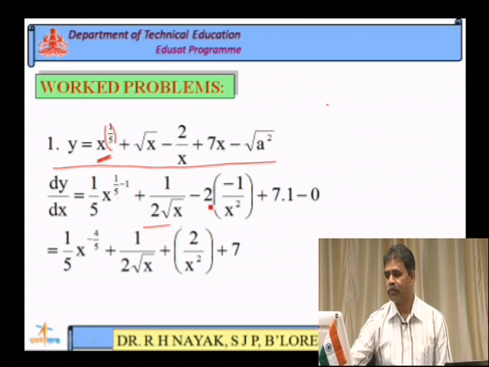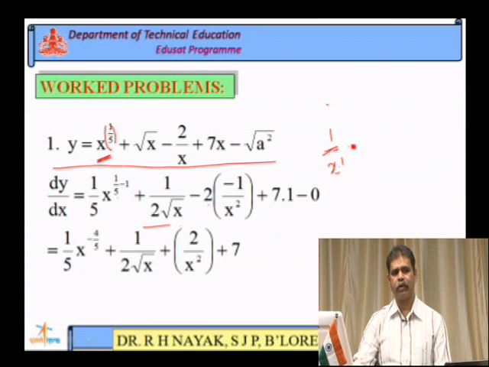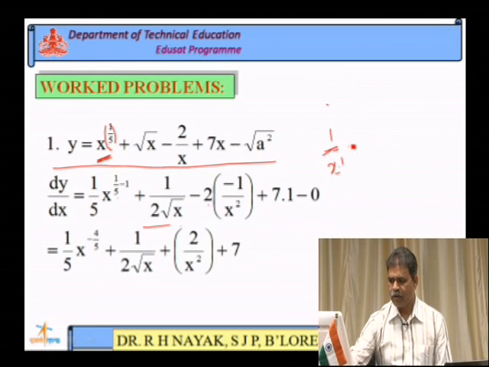Differentiation of 1 by x: that is x to the power of n, whose derivative is minus n divided by x to the power of n plus 1. Here if 2 is taken outside, what is remaining? 1 by x. What is the power? Power is 1.